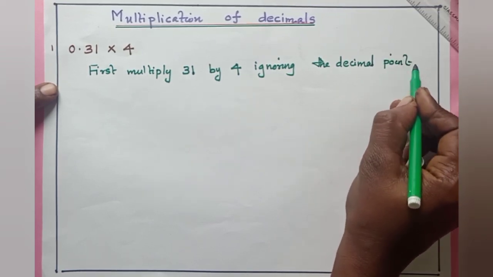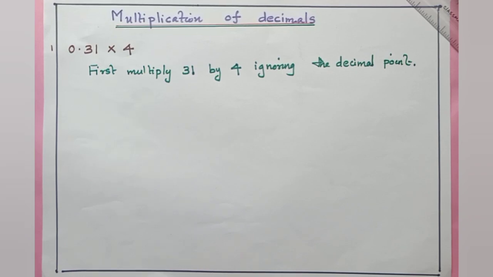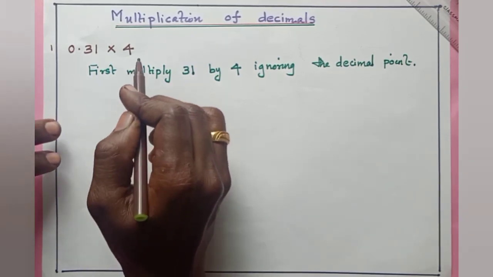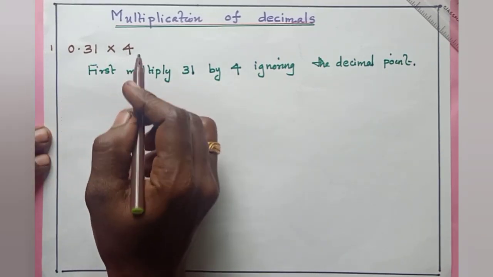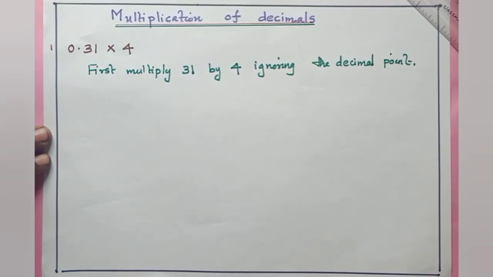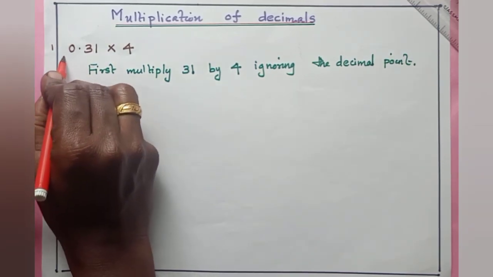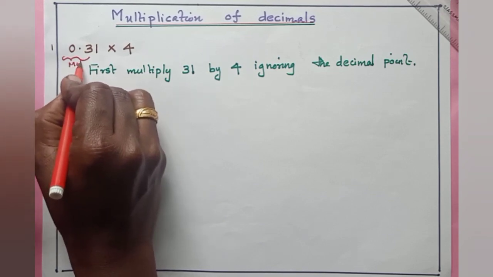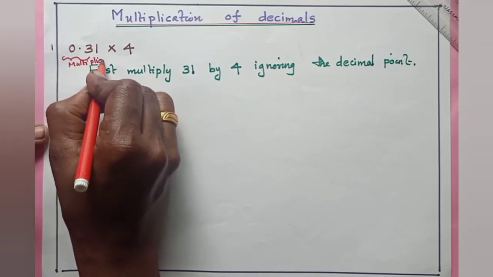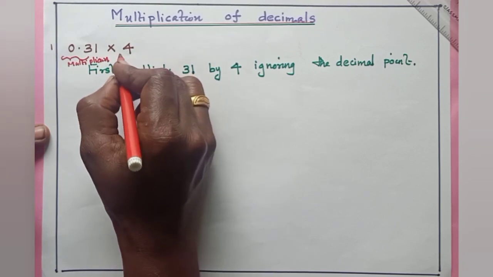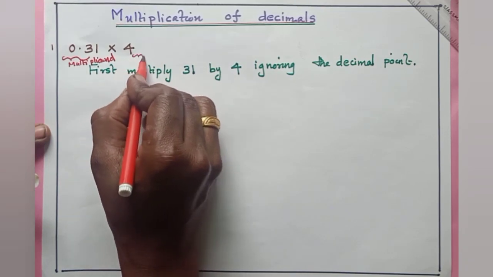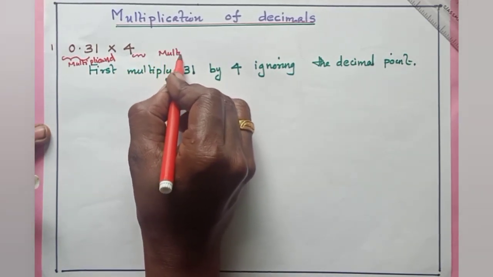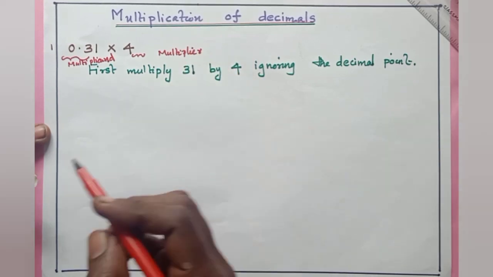Okay. So, we know this is the multiplicand and this is the multiplier. 0.31 is the multiplicand, and this 4 is the multiplier.